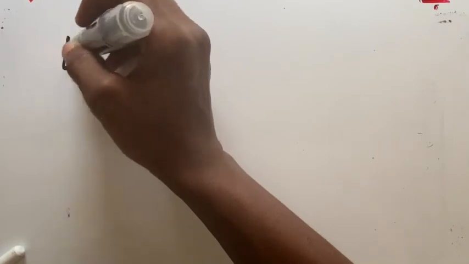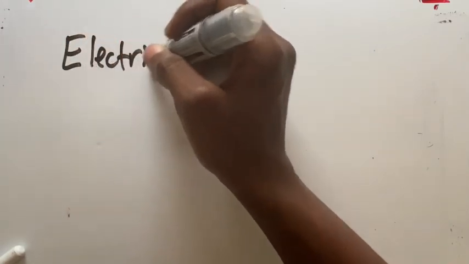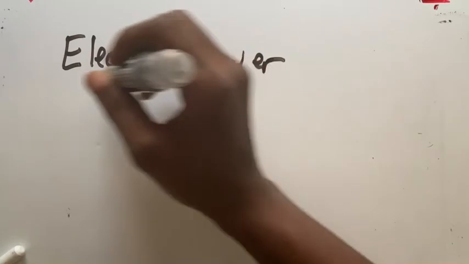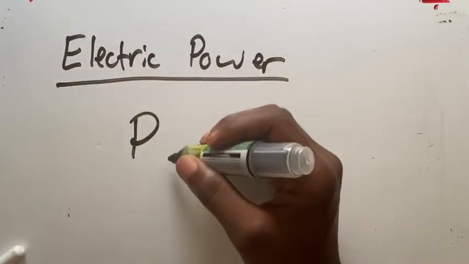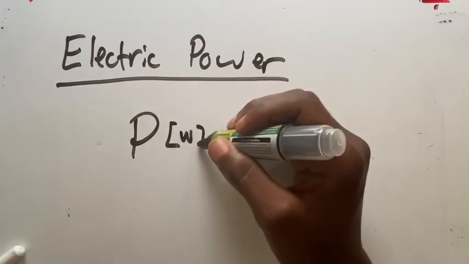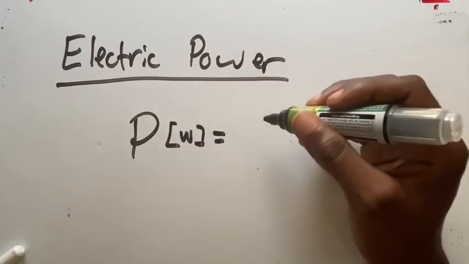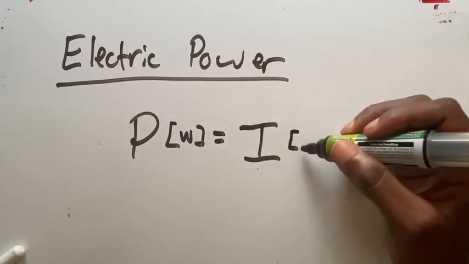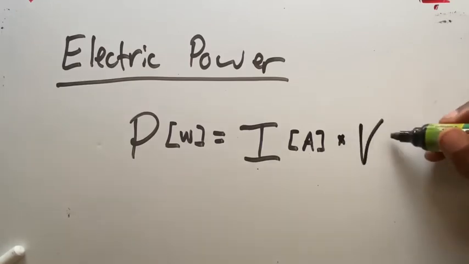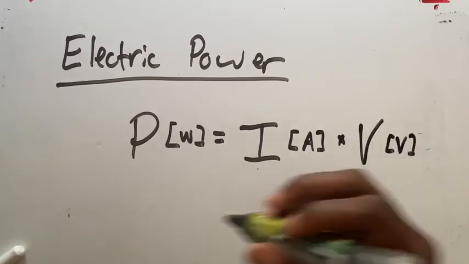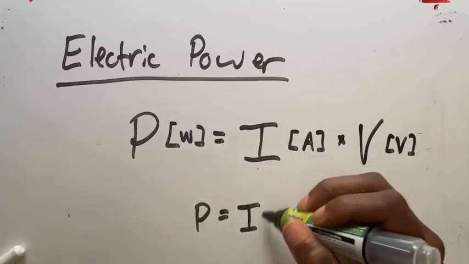Now the last equation I'm going to give you is electrical power. Electrical power, or power, P, which is in watts, is given by the current, I, which is measured in amps, times the voltage, V, which is measured in volts.